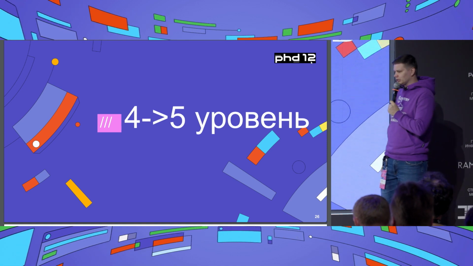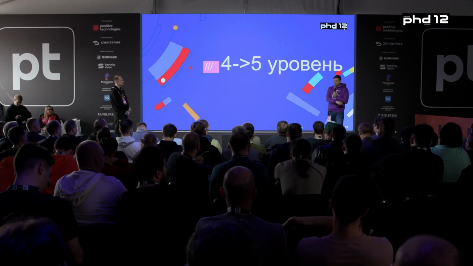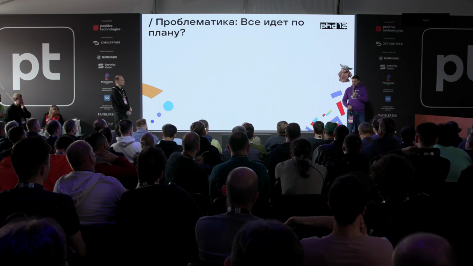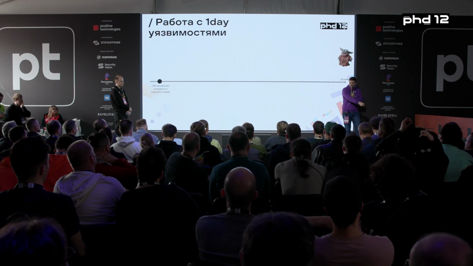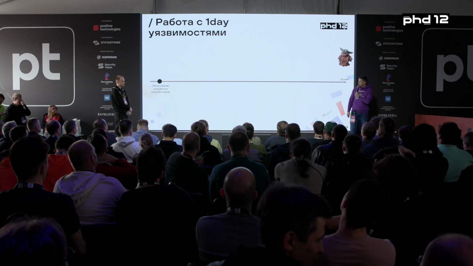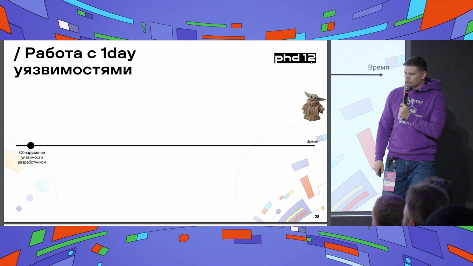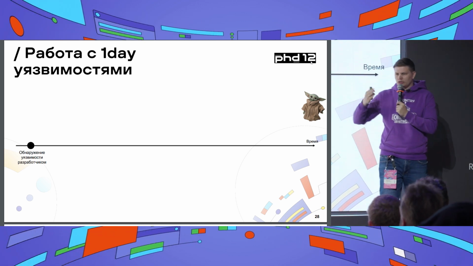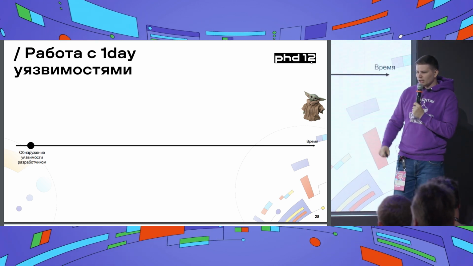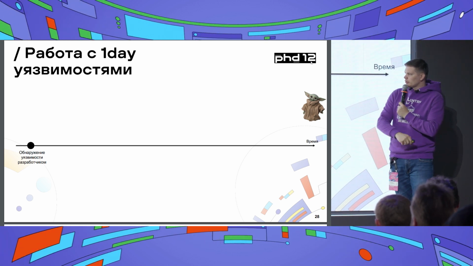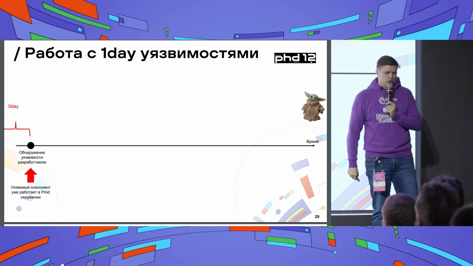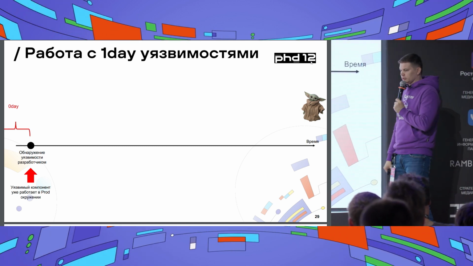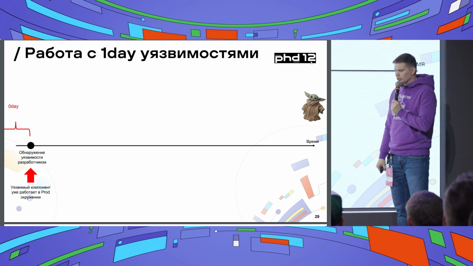Let's move on. Again, is everything going on according to plan? First, the developer detects a vulnerability. So we have an open source library in GitHub, and there is a vulnerability there. At this point, when the developer detects a vulnerability, it already works in prod.